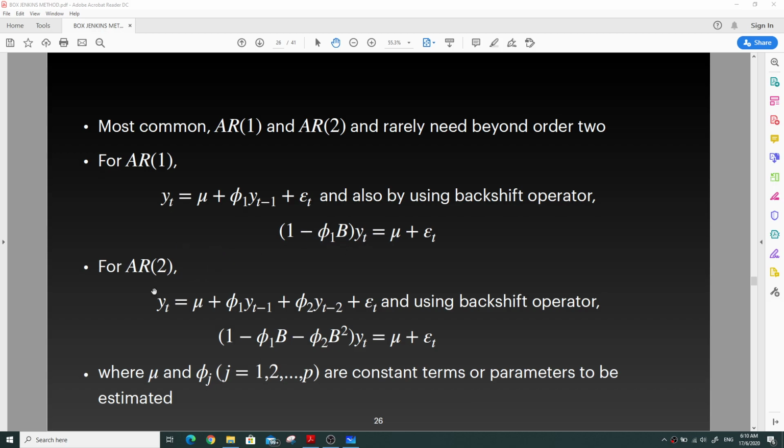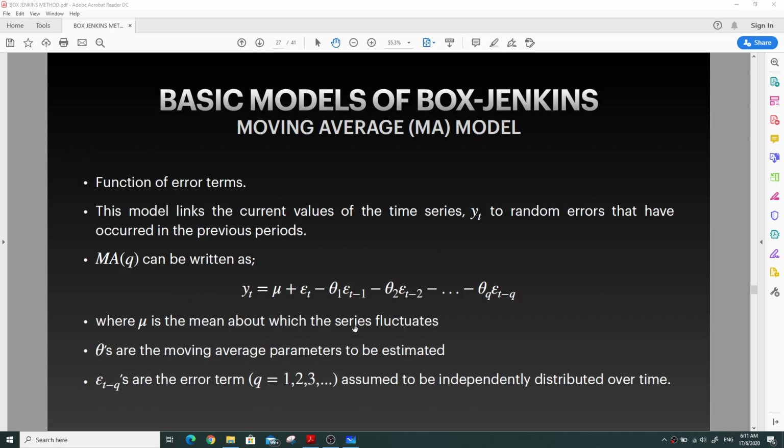And for AR(2), this is the form, and using the backshift operator, this is the form. It is easier for us to know the model of our autoregressive by writing it in terms of the backshift operator.